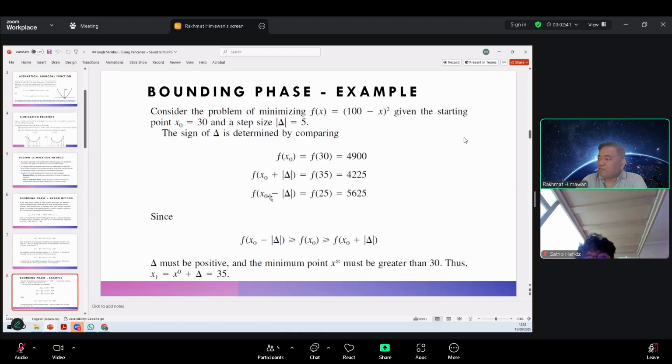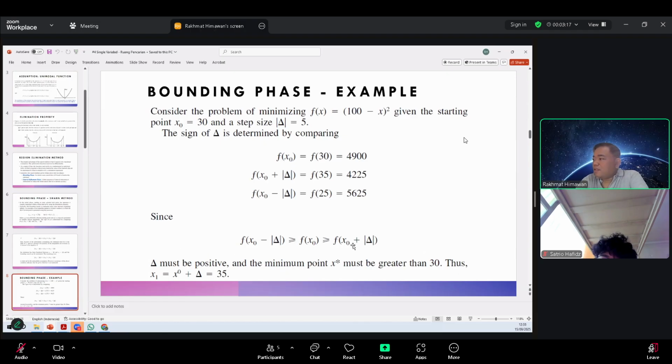And if it's f(x0 minus delta), f(25), it is actually increasing, 5,600-ish. So we can see that the lowest is f(35), the middle is f(30), and the highest is f(25). From this, we can see that we want to find the lowest point, so we should not go to the left. We want to go to the right.